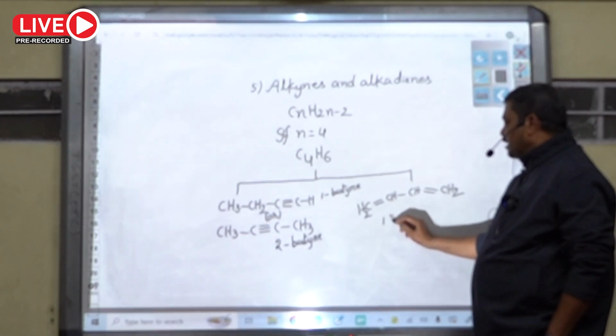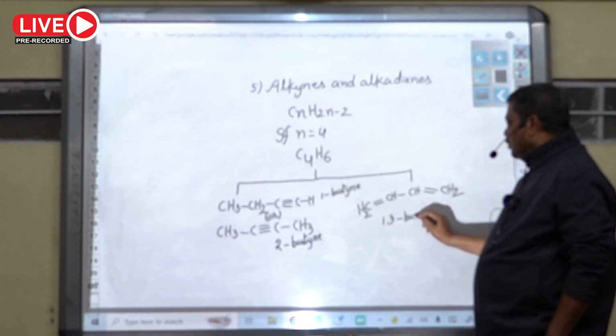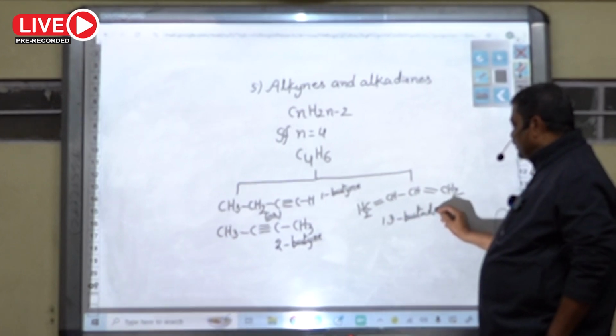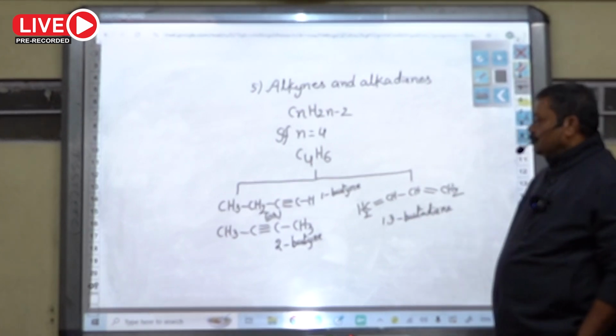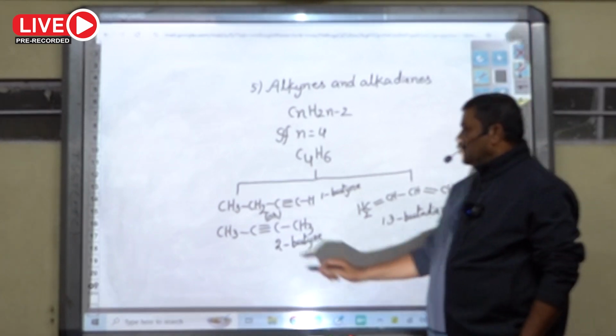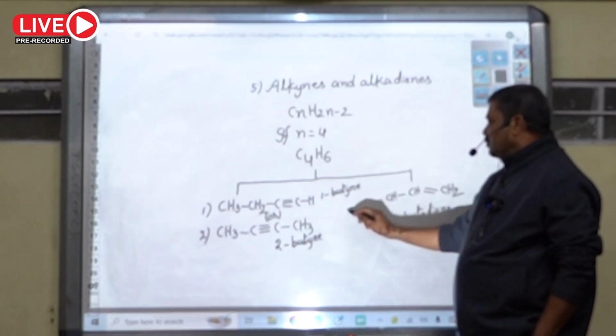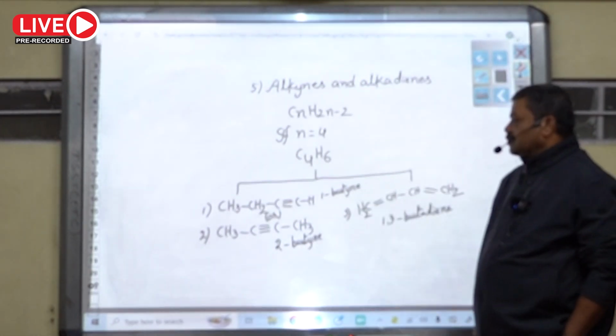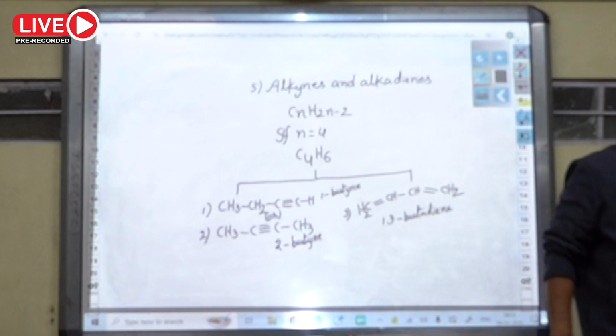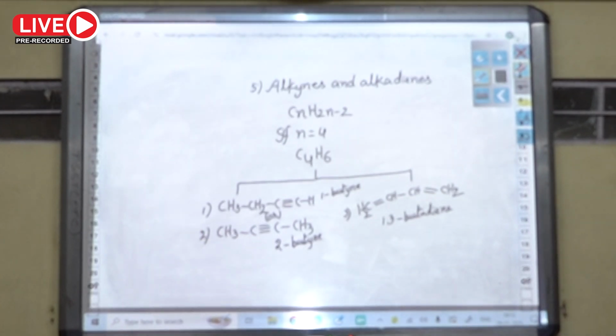Here it is 1,3-butadiene. Suppose I give numbering like this and ask you a question like this: what is the isomerism exhibited by 1 and 2? You have to say position isomerism.